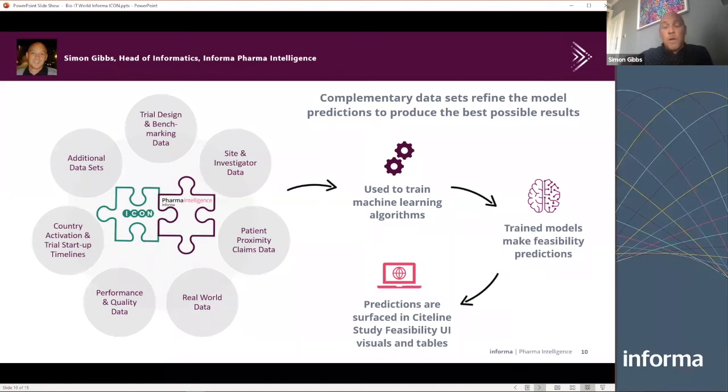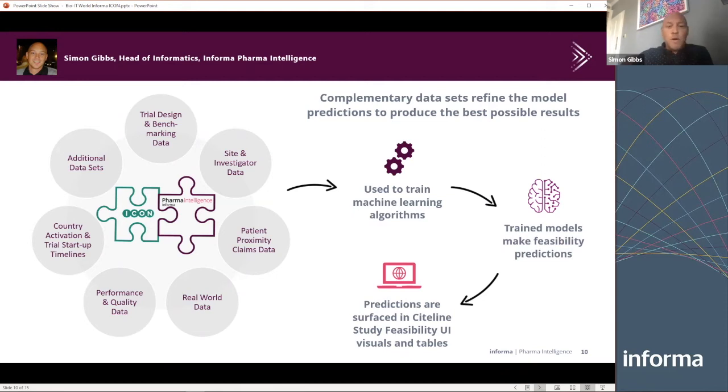A microservices architecture then exposes those models for users to interact with through a product-based user interface. So users can build different scenarios. We have a range of different data inputs that can be user controlled, alongside the few hundred data features and engineered features that sit in the background.